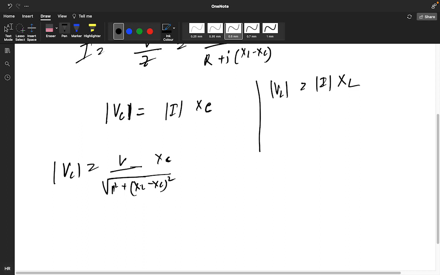If you want to take common, XC is what? 1 divided by omega C. So you have V divided by omega C, and root under R square plus (omega L minus 1 upon omega C) the whole square.